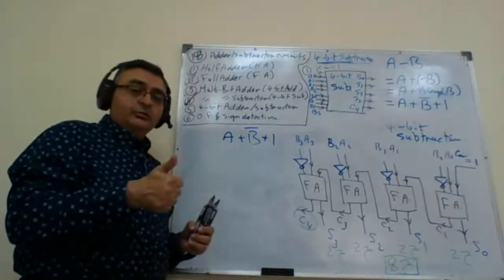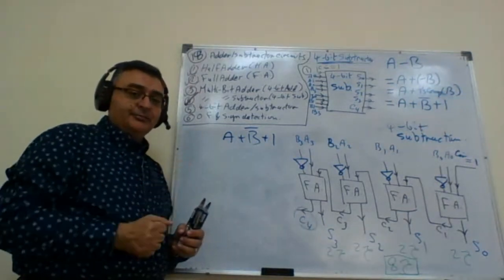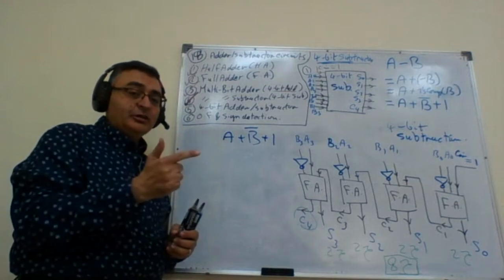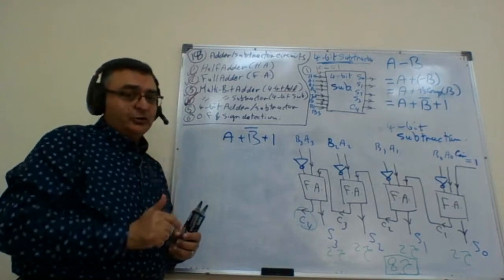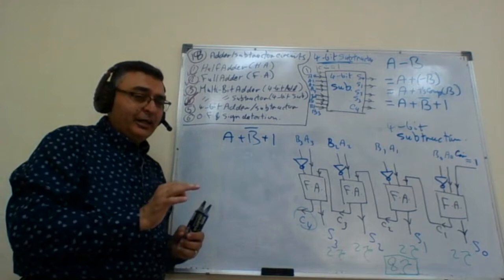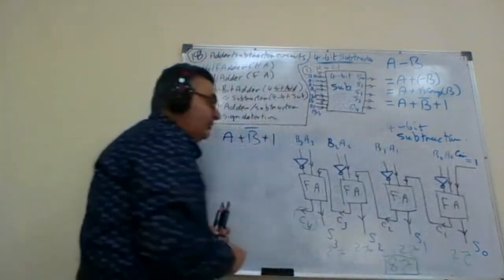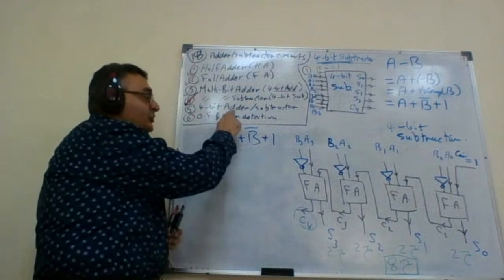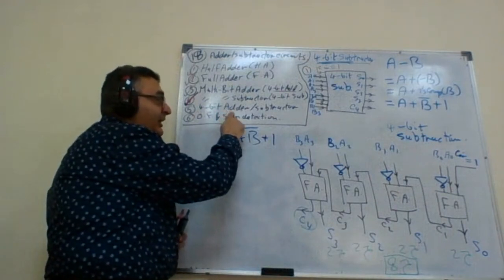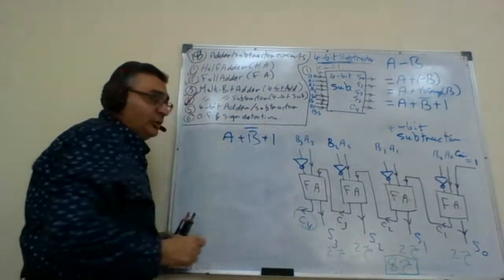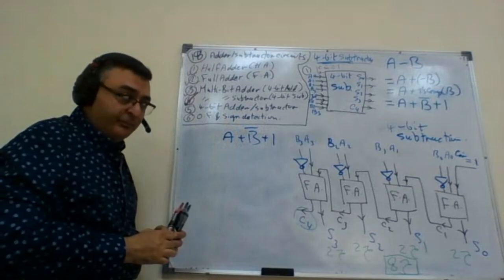We learned what a 4-bit adder is. We learned what a 4-bit subtractor is. Can I achieve both goals at the same time? Can I build a circuit that can be an adder and subtractor at the same time?